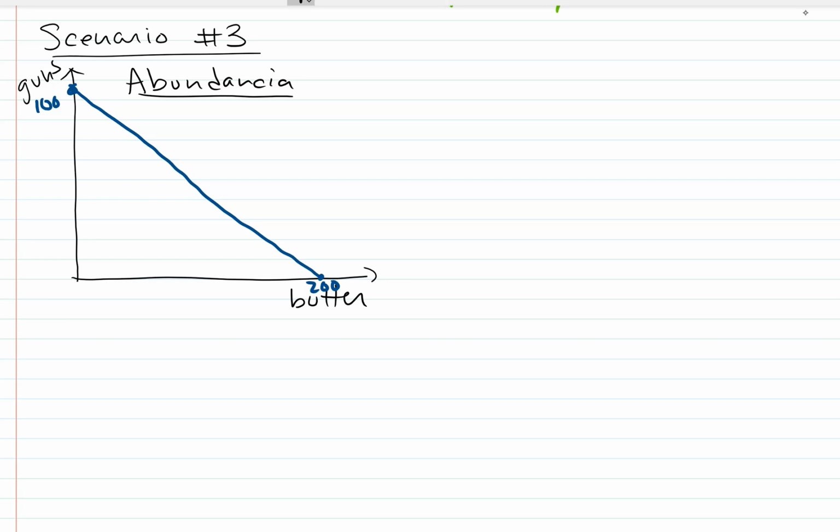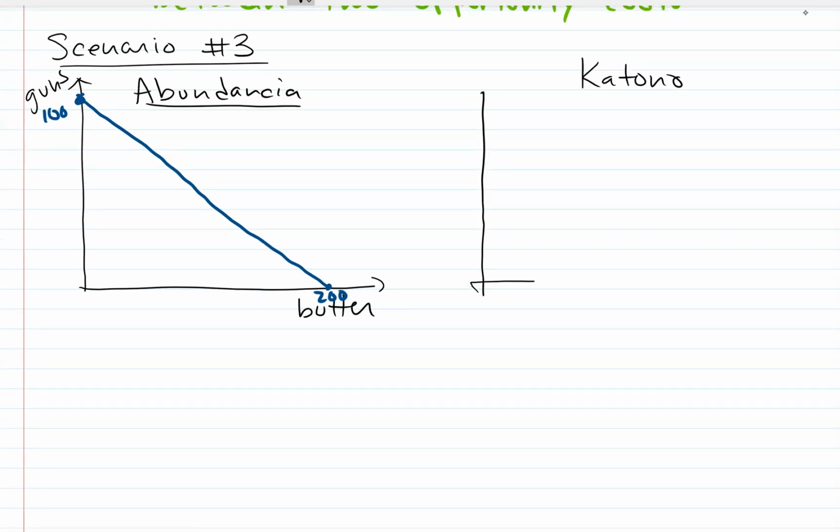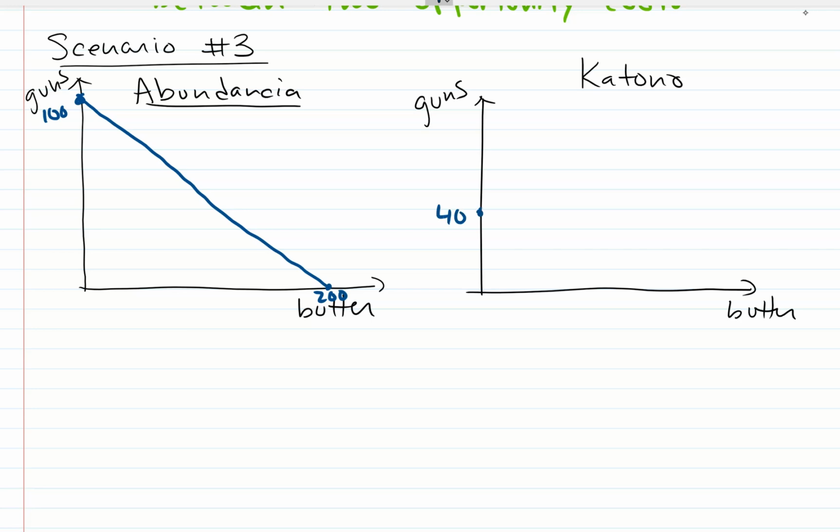And then the other country, Cotono, not as good at, well, let's see. Let's write it down. So in the other country, they can do 40 guns if they concentrate only on guns, okay? And if they concentrate only on butter, they can do 160 units of butter, okay?